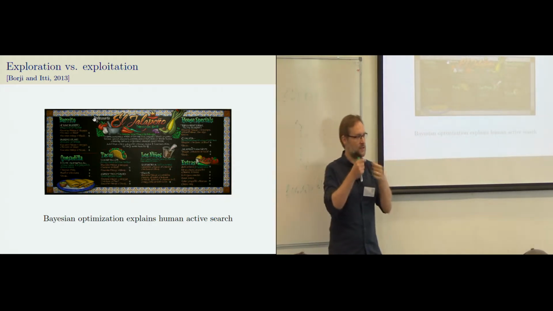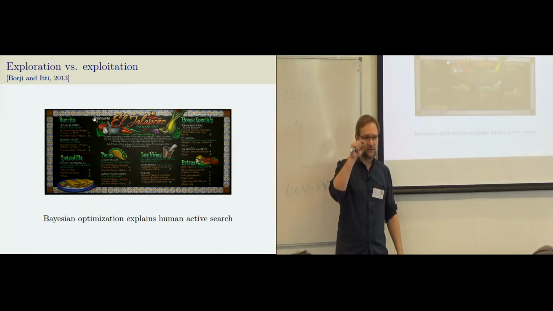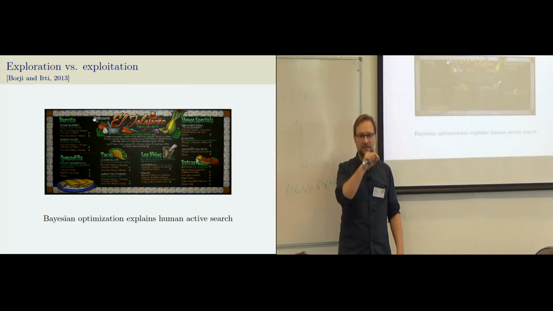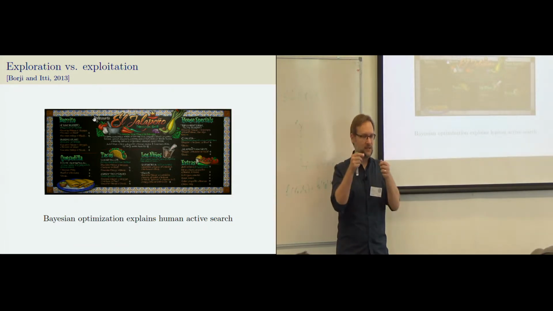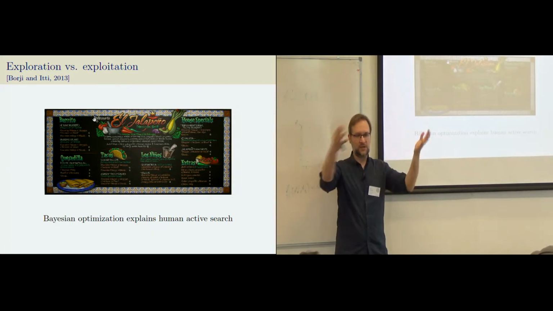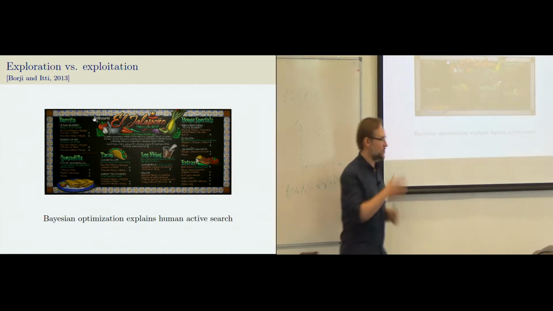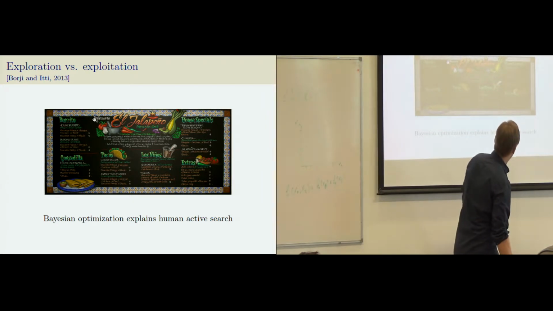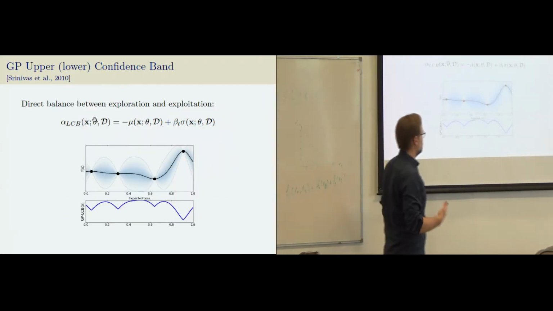And they saw that in one-dimensional examples, humans are actually pretty good at finding the optimum just by selecting the points, and they are much better than any other off-the-shelf algorithm, right? This is because of our capacity of combining the data that we observe with the prior knowledge that we have about the function, something that you did in the example, right? Obviously, they did it in only one dimension because they wanted to present the problems to humans, right?